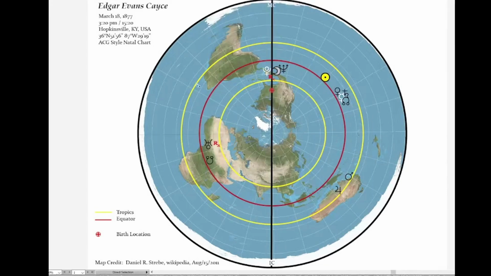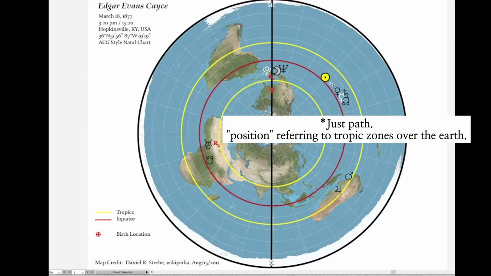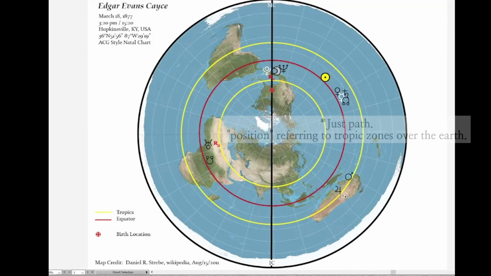The tropics are based on the sun, and the sun's path and position doesn't ever change. But when we're looking at the map here, the chart underneath, you can get various different styles of charts, but I'm putting them on the map to show you how this works.